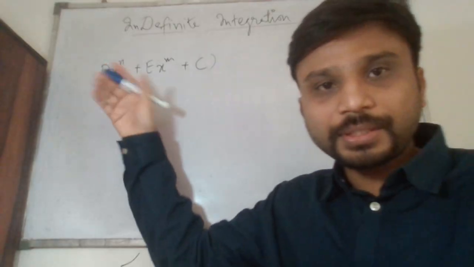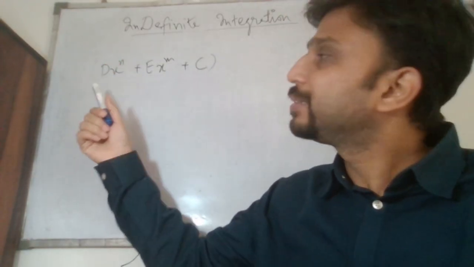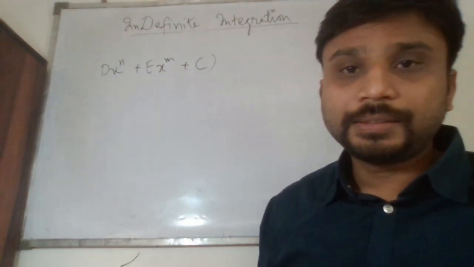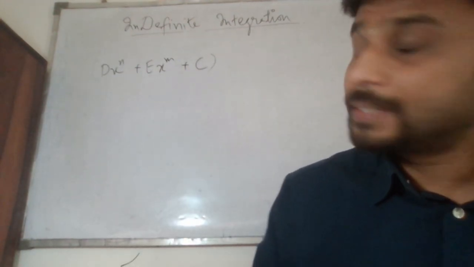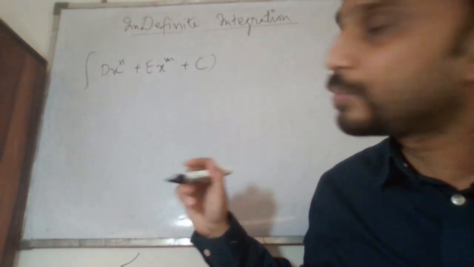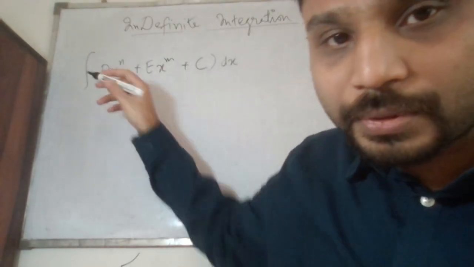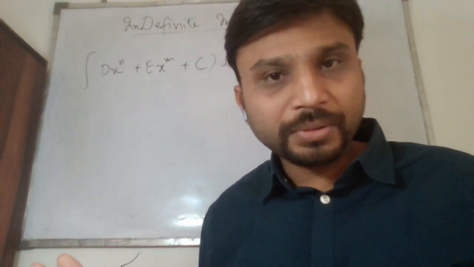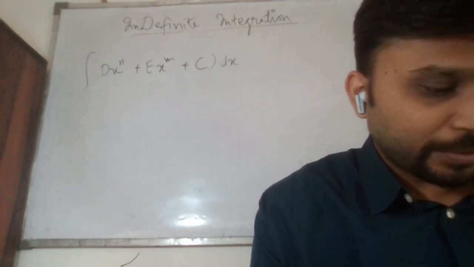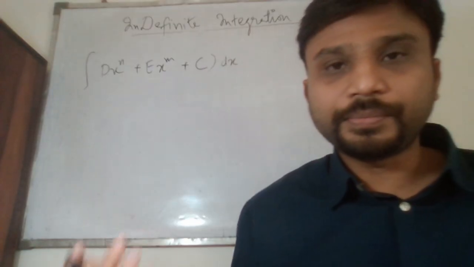So we have dx to the power n plus ex to the power m plus c. We integrate this value dx from some value, we can take the function to be varying from some value, let's say a to b.